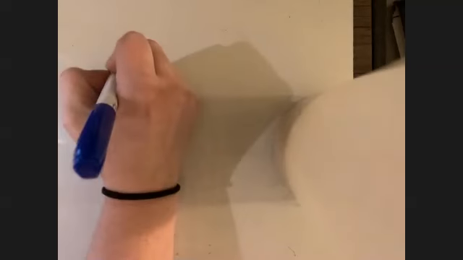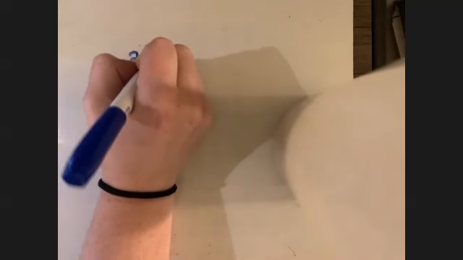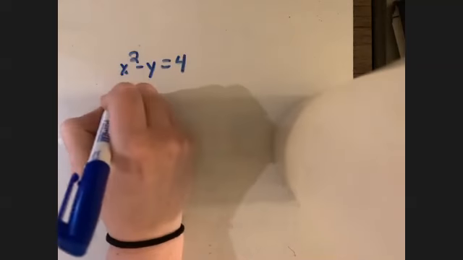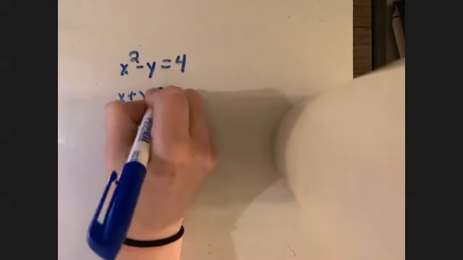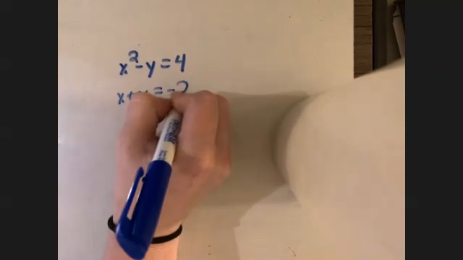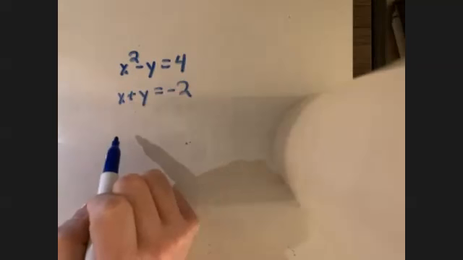Okay, so for example, we've got x squared minus y equals 4 and x plus y equals negative 2. The first one, because of the x squared, is not a line. It's actually going to be a parabola.